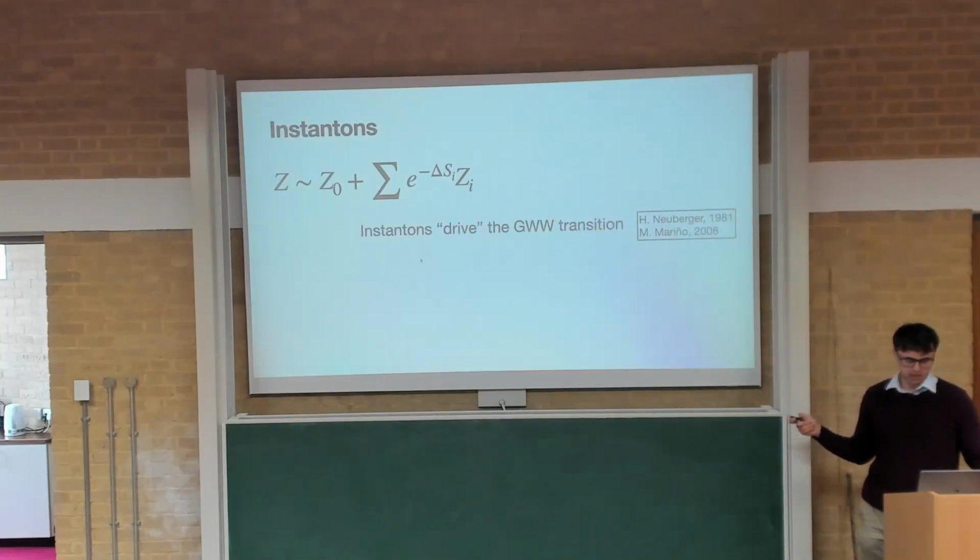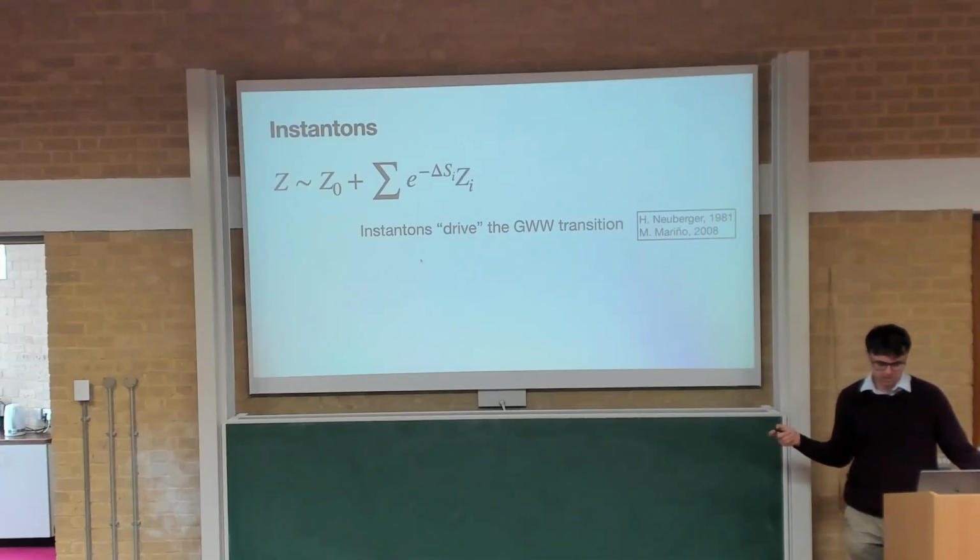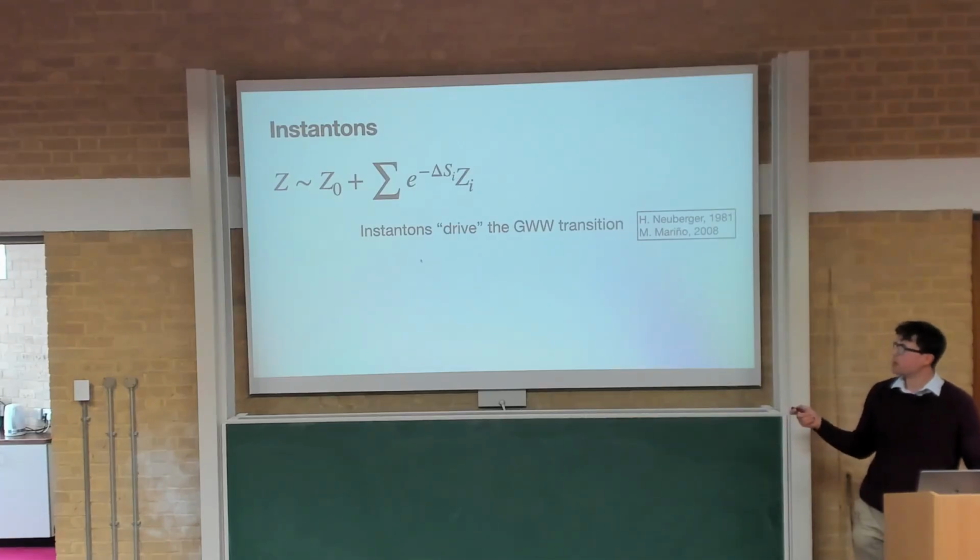In fact, it had been realized as far back as 1981 that these instantons are important in matrix models of eigenvalue distributions, like the ones we've been discussing in this talk.